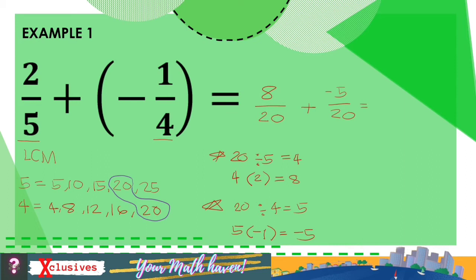In adding similar fractions, we simply copy the denominator, that's 20. Notice that our fractions have opposite signs. One is positive while the other one is negative. So if they have different signs, instead of adding, we will be subtracting the numbers. So 8 minus 5 will give us 3.